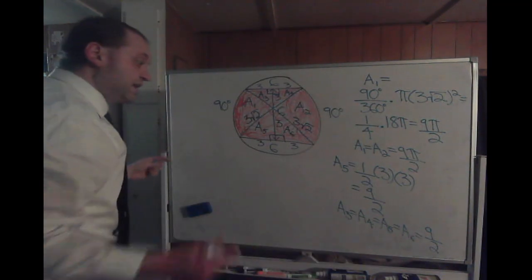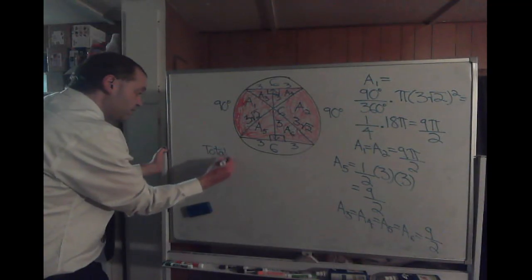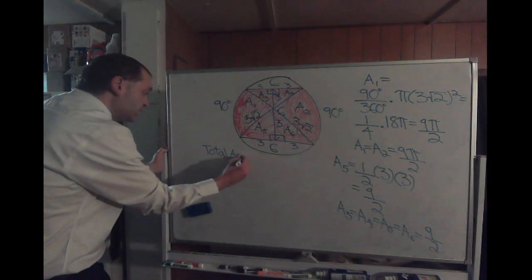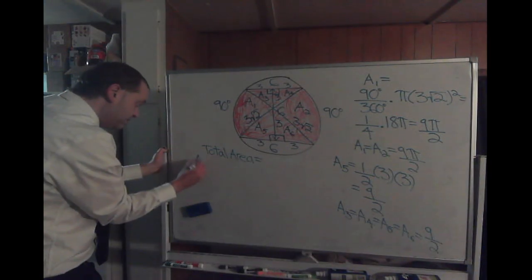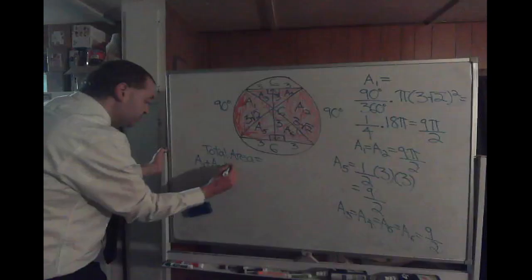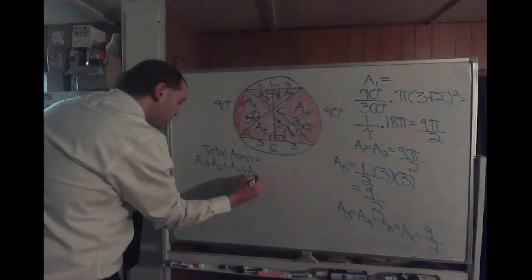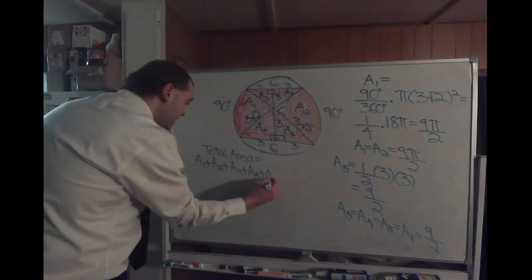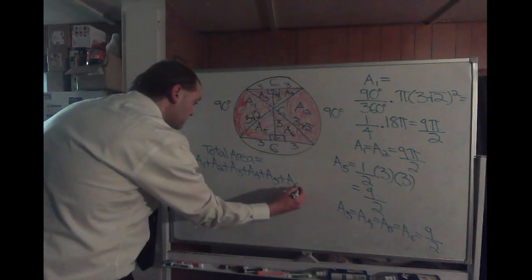Now, of course, to find the total area, you just need to add your 6 areas together. So that's going to be equal to the sum of area 1 plus area 2 plus area 3 plus area 4 plus area 5 plus area 6.